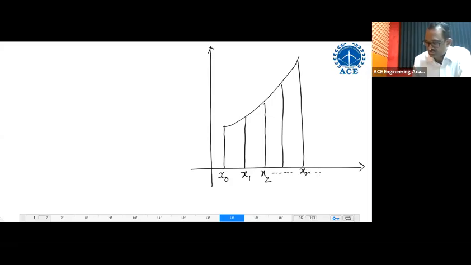The length of each subinterval is the same. This curve is the solution of the differential equation, split up into equal lengths of subintervals.